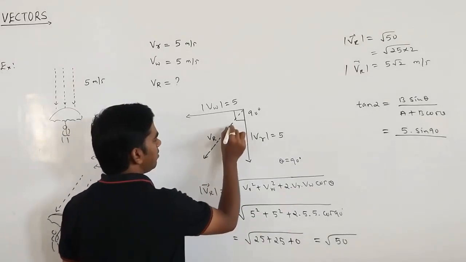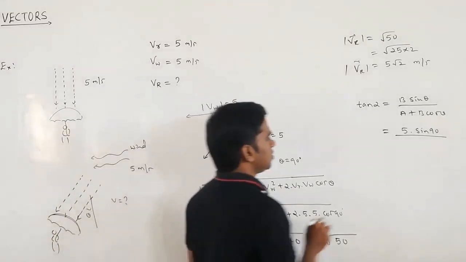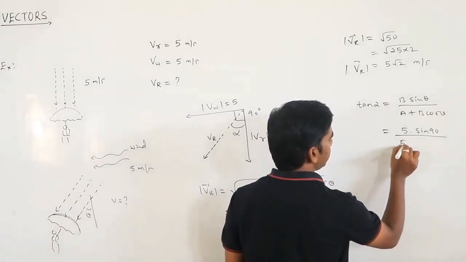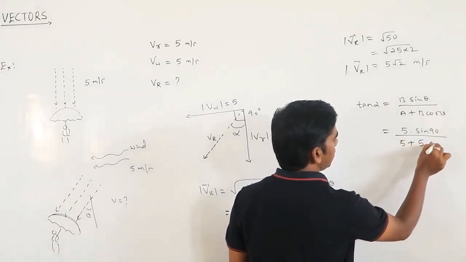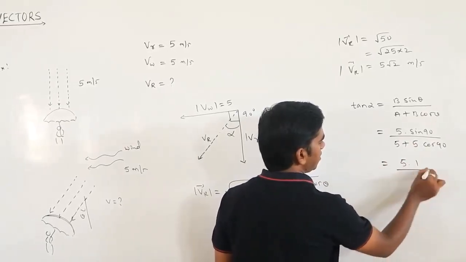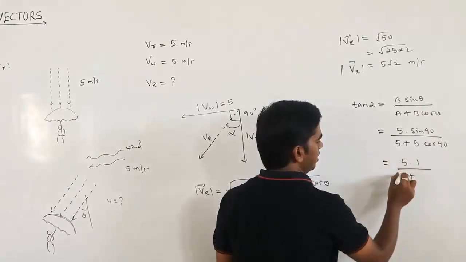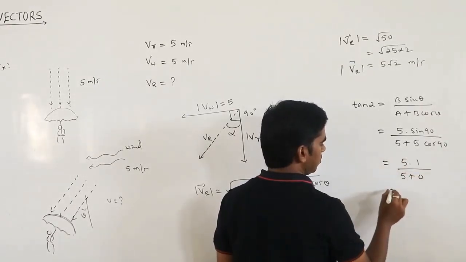This is what going to be alpha. Okay. So a is what? A is 5 plus 5 cos 90. Okay. So 5 sin 90 is 1 divided by 5 plus cos 90 is what? Cos 90 is 0.